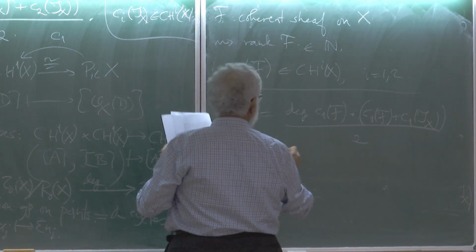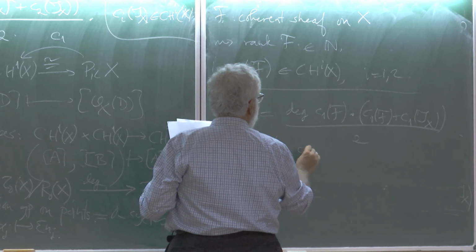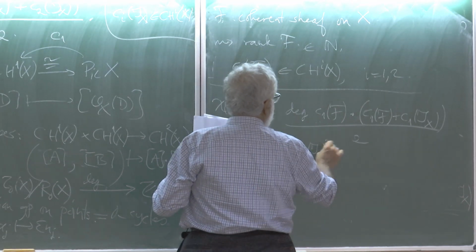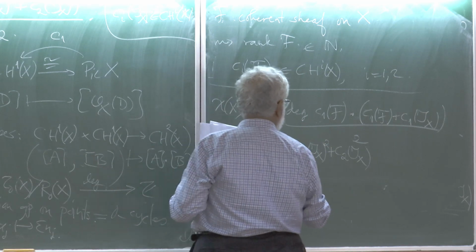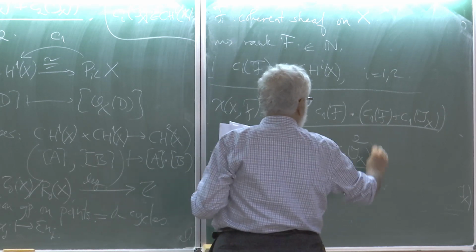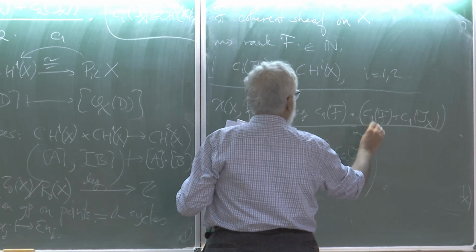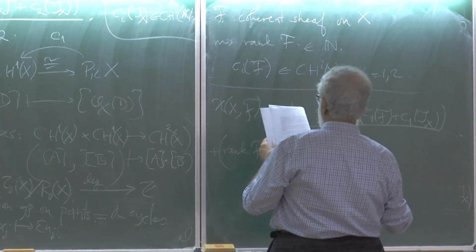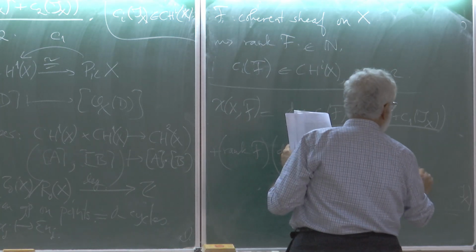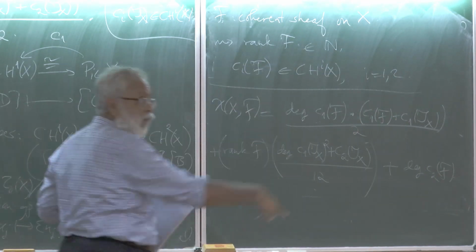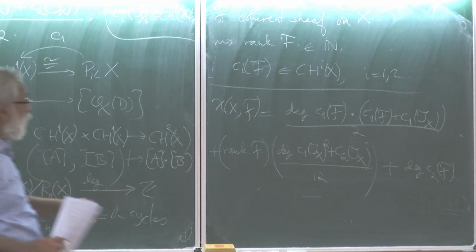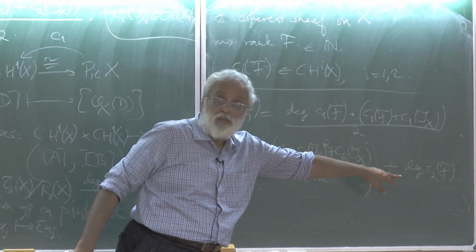Rank F times this range. And then I have another term here. This is the general form. So it involves C1 F as well as C2 F.